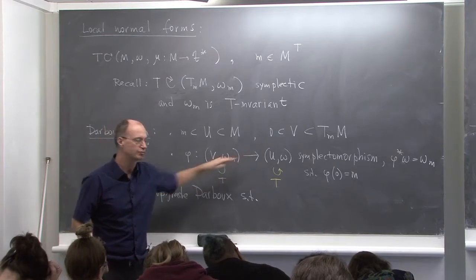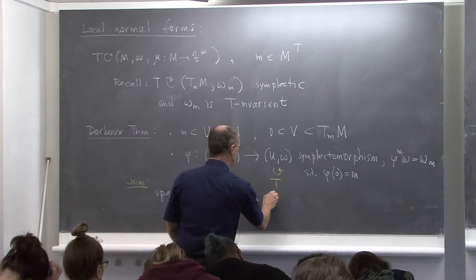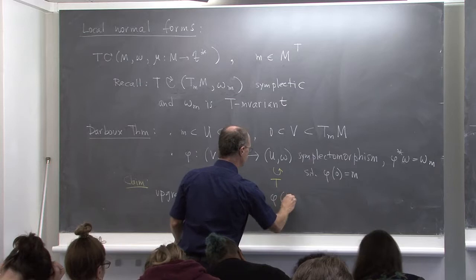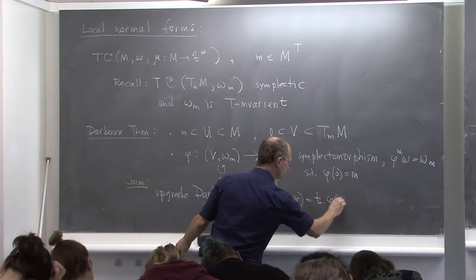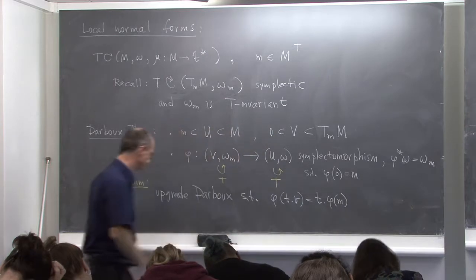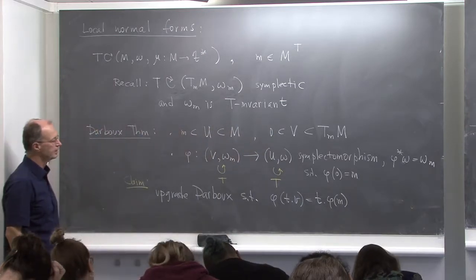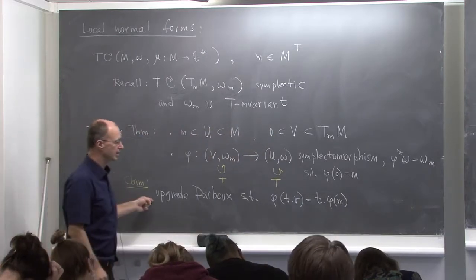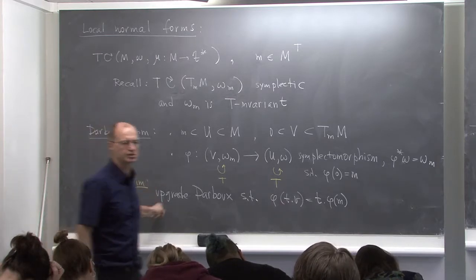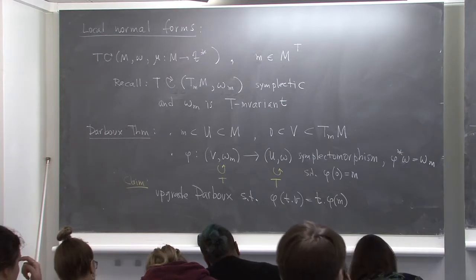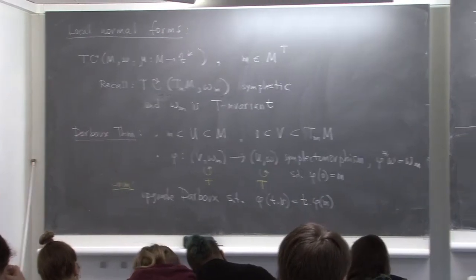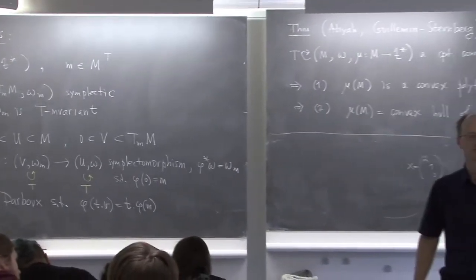So it's a symplectomorphism and it's a T equivariant map. Phi of t v is equal to t phi of v. Well, we're not going to prove it, but let's just discuss why it is true. So who remembers anything about the proof of Darboux's theorem?